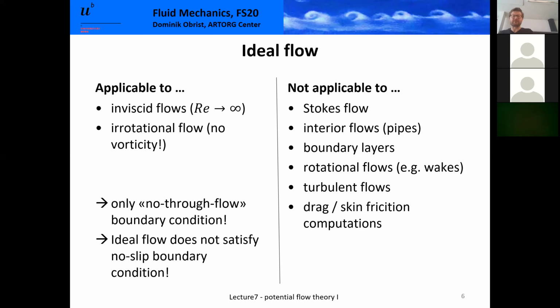And that's something we might, well, probably will get there by the end of today's lecture. We cannot use it for drag computation. Potential flow theory, as beautiful as it is, it's completely useless for drag predictions. For that, we need the boundary.